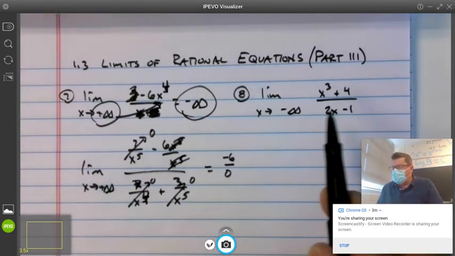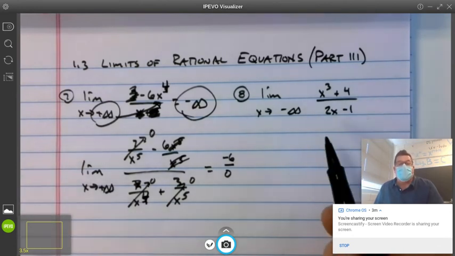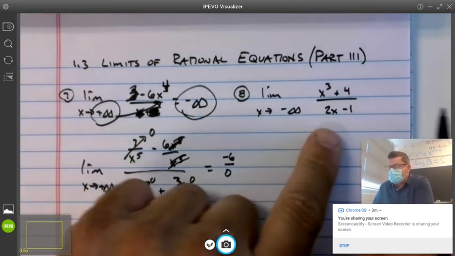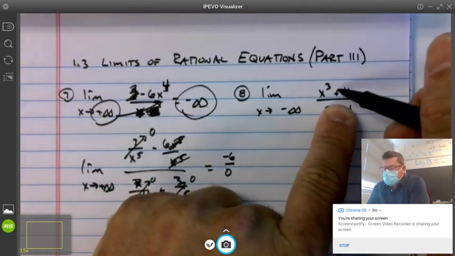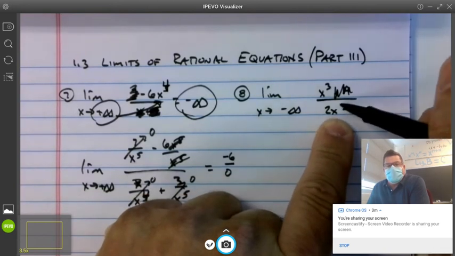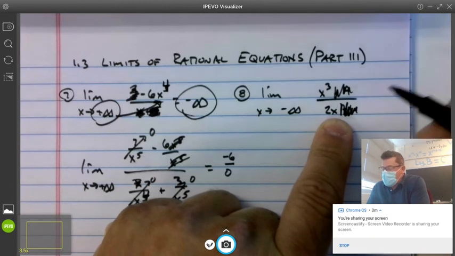Again, when the degree on top is greater than the degree on the bottom, we have no horizontal asymptote. So we have to use the Smith method or graph it. The Smith method says this polynomial up here only behaves like the highest power of x. This polynomial down here only behaves like the highest power of x. What happens?